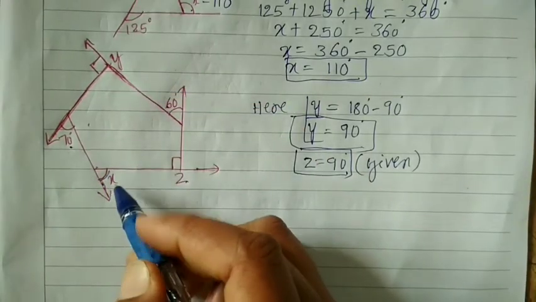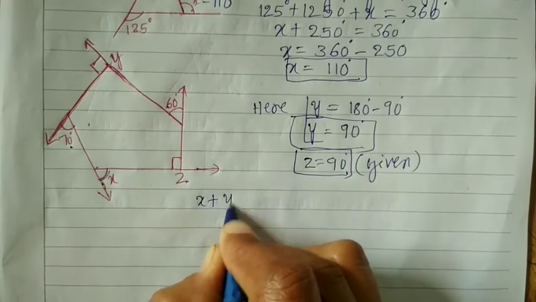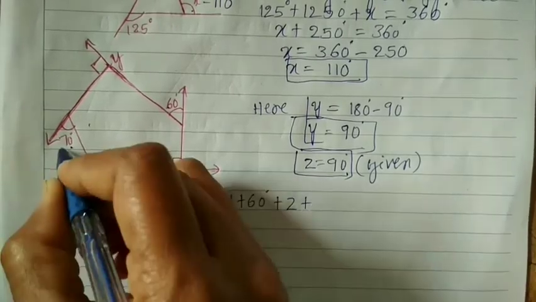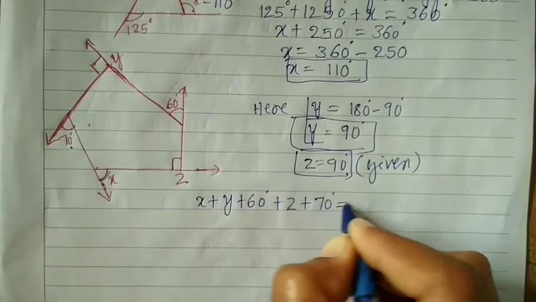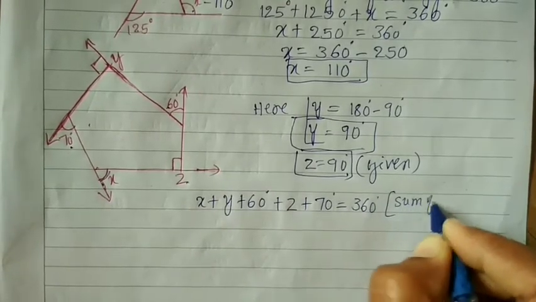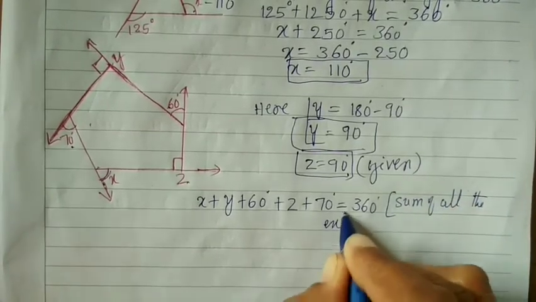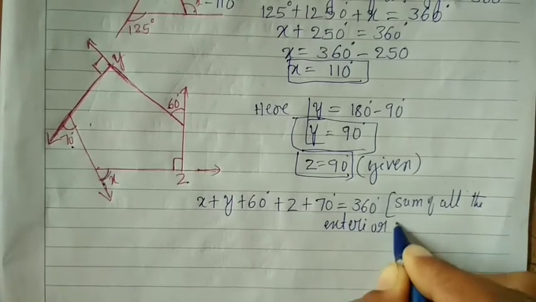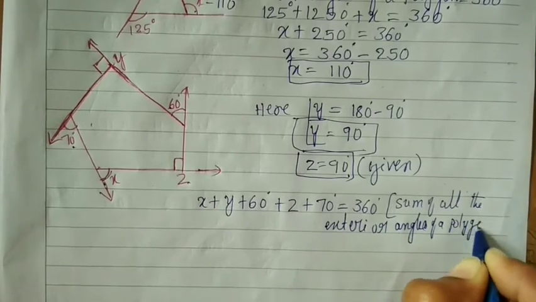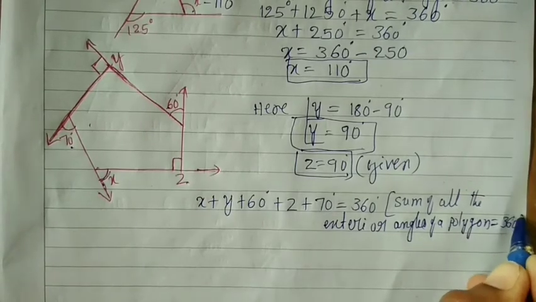We find out x. So x plus y plus 60 degrees plus z plus 70 is equal to 360 degrees. The sum of all the exterior angles of a polygon is 360 degrees.